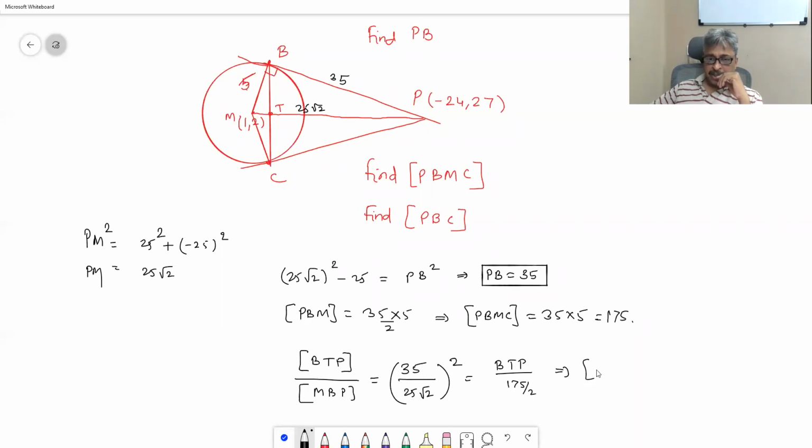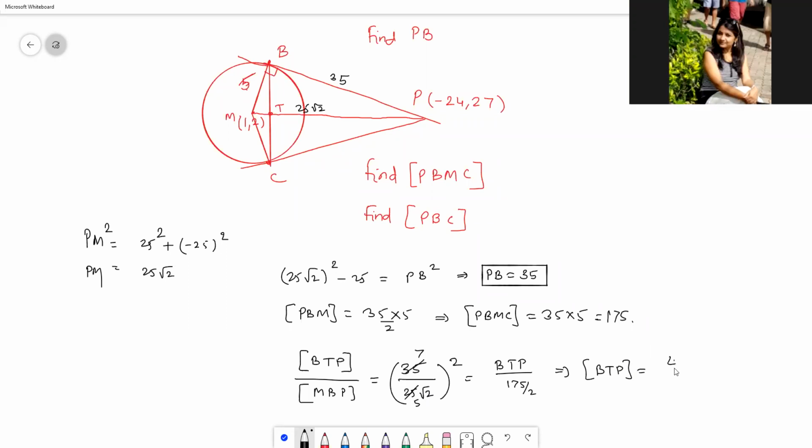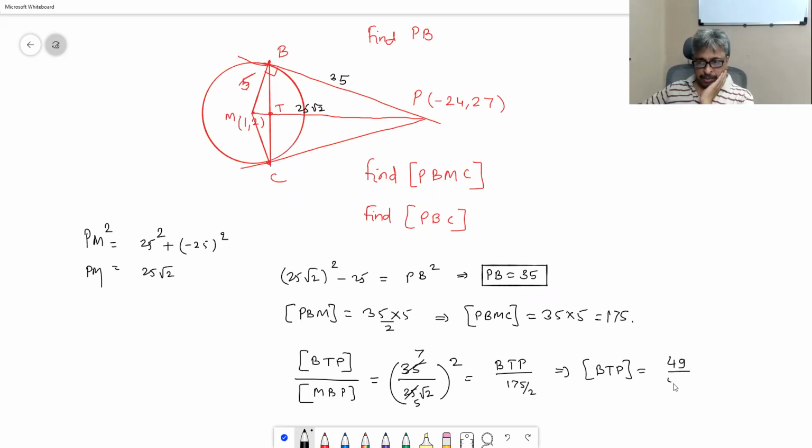This implies area of BTP is equal to, do this calculation. I mean, first of all, you can reduce this. 5, 25, 35, so 49 upon 50 into 175 upon 2. Am I correct? I think so. This becomes 10, this becomes 5.